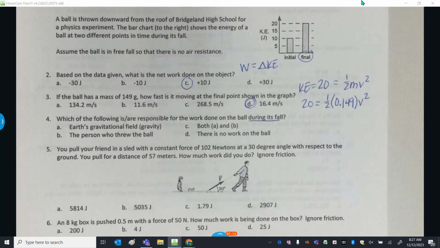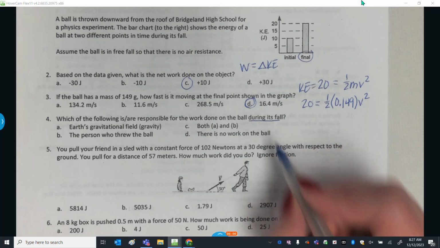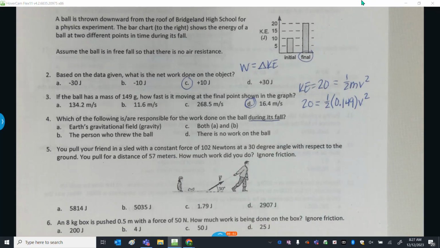I know that work is force times displacement, so I need to determine what forces are acting on the ball during its fall. Some of you just figured it out, because the most common answer to this was C. And that's wrong. C says both A and B.